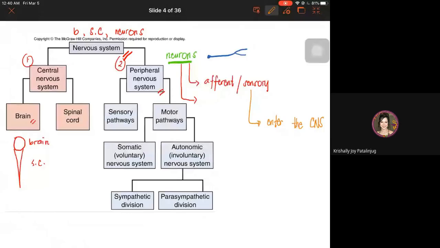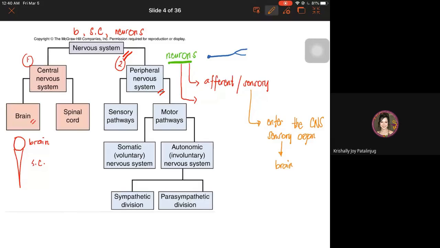So, ito yung mga neurons na nagdadala ng impulses or let's say nagdadala ng balita papasok ng ating utak. So, kapag ang isang neuron enters the central nervous system, particularly in our brain, ibig sabihin, these neurons particularly carry impulses from the sensory organ towards the brain, going to the brain.